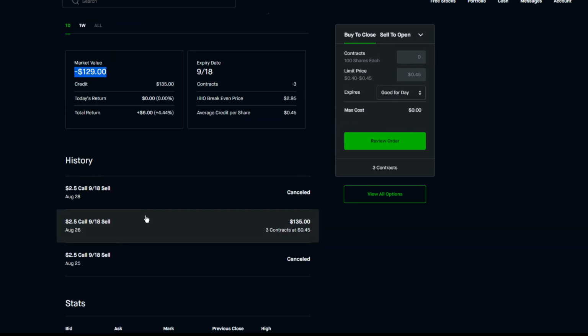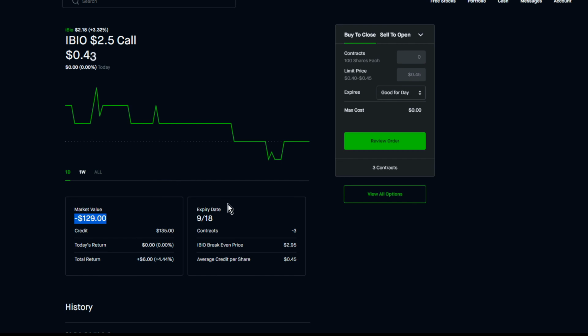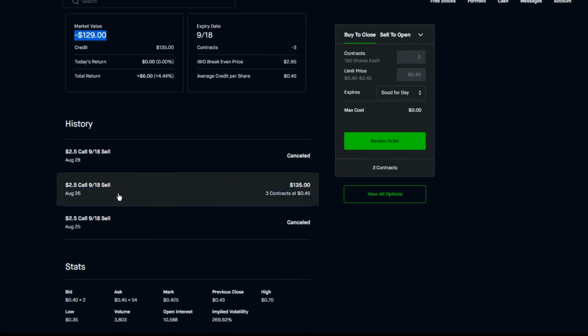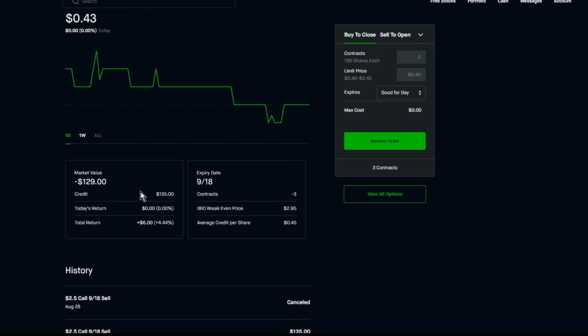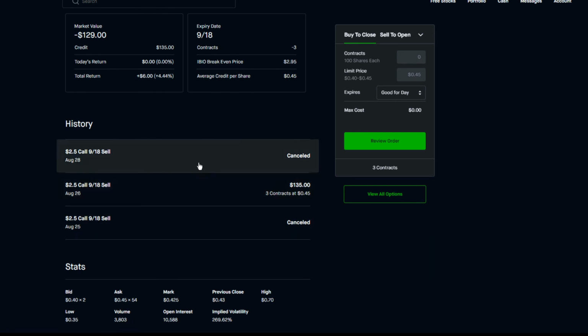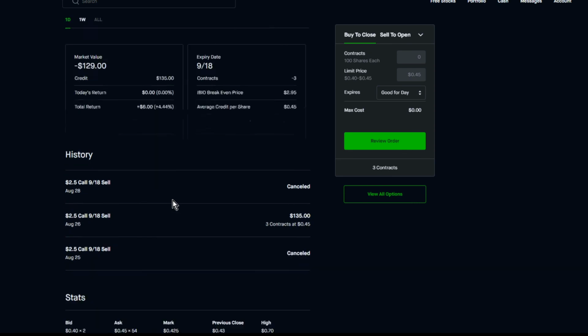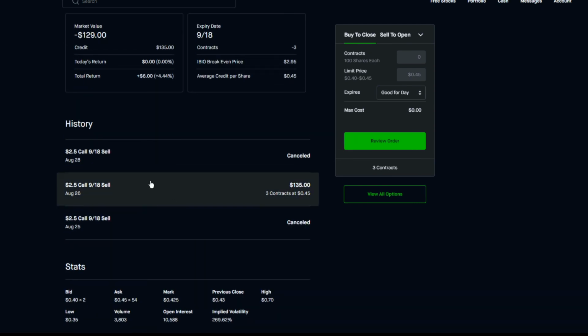Even if it does go up above 250 and I have to sell it, I've already gotten a profit from the other ones that I've sold before, and I'll be getting another one whenever this one expires. Even if it sells at 250, which I bought at 315, I'd still be breaking even, because I've already made a profit from selling the calls. And that's what you have to be aware of.